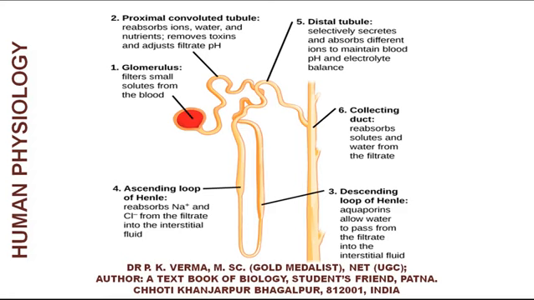In the fourth part, that is ascending limb of loop of Henle, reabsorption of sodium and chloride from the filtrate into interstitial fluid takes place. In the fifth part, distal tubule, that is distal convoluted tubule, selectively secretes and absorbs different ions to maintain blood pH and electrolyte balance.